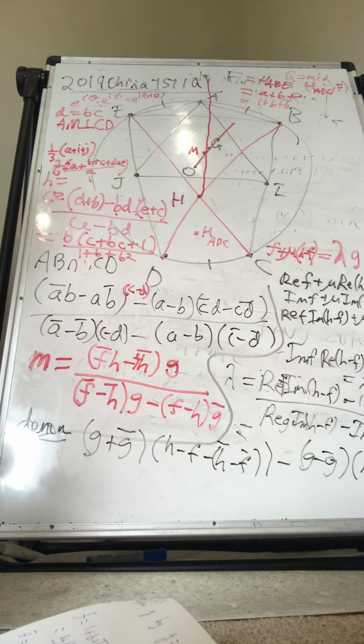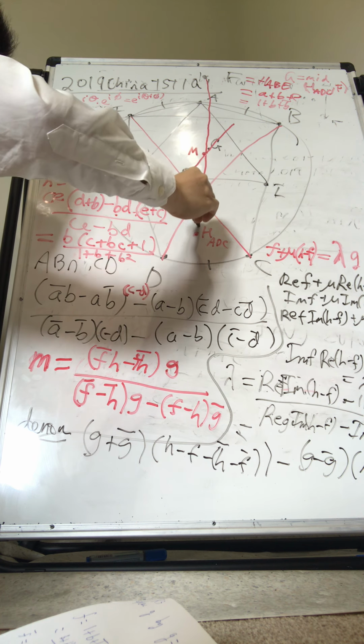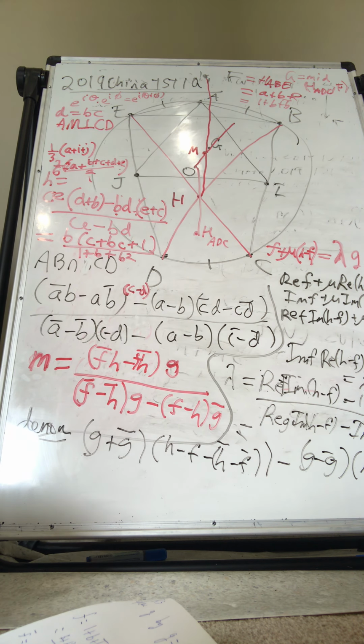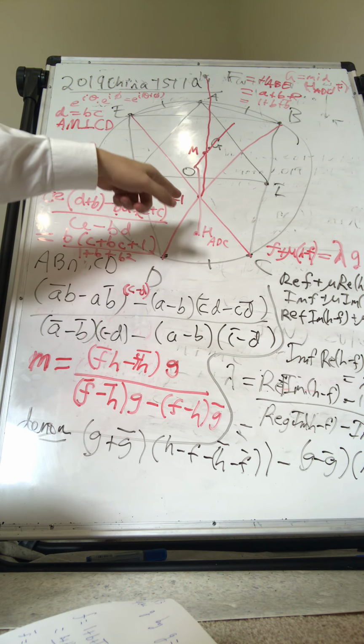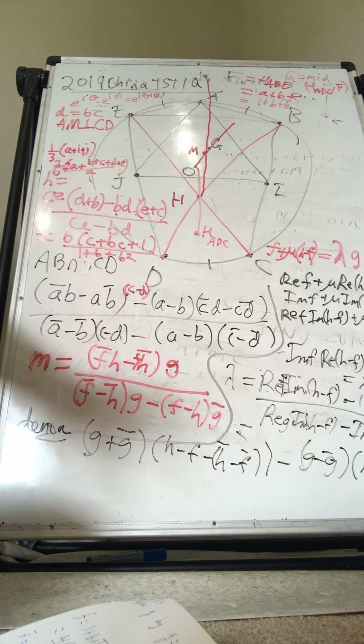F is real, 1 on F is real as well. So the H is real times real, OH. So it's just a scalar of it, so they have to be collinear.